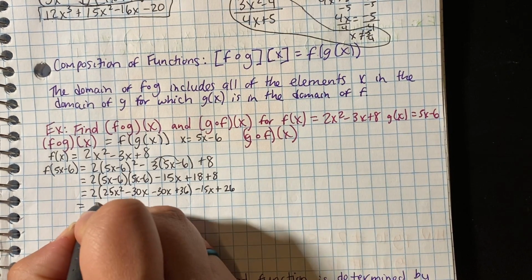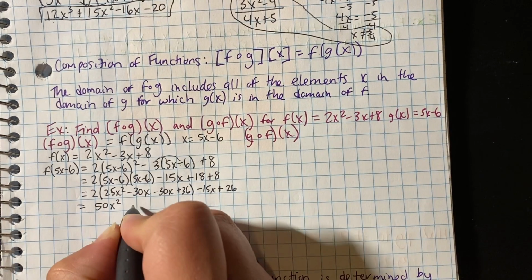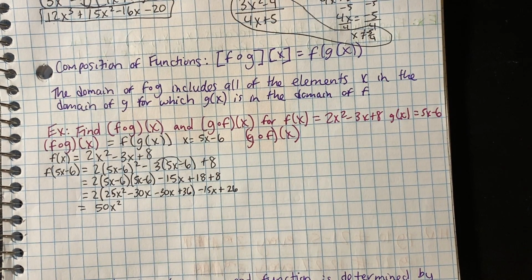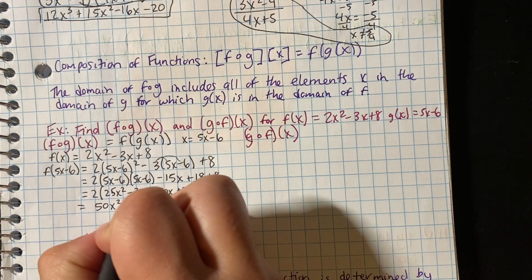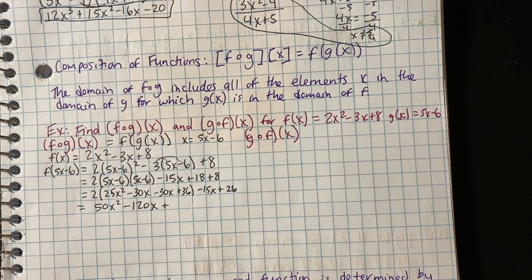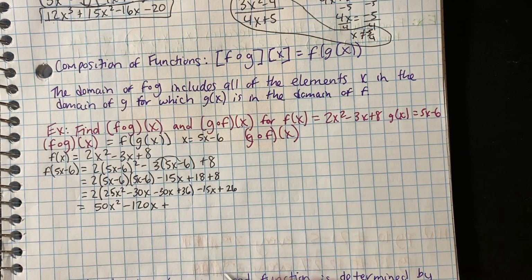I'm going to distribute this 2, so 50x squared. If I combine those, that'll be minus 60 times that, so negative 120x. Plus 36 times 2, 72.